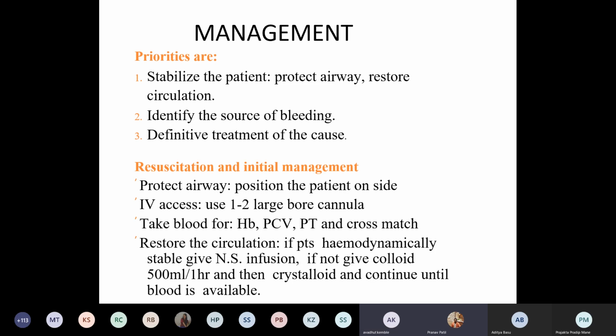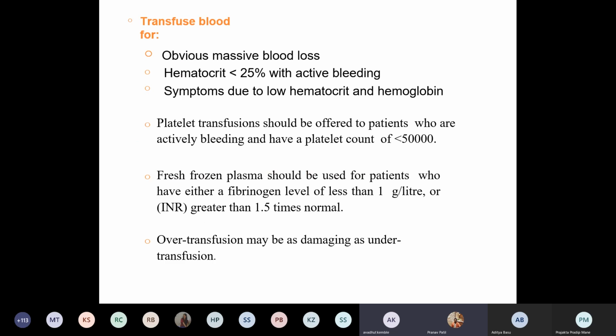Make the patient hemodynamically stable till the blood is available, because by the time you send the blood for cross-match, you have to wait, and in the meantime you have to keep the patient hemodynamically stable. Maintaining a proper airway and IV circulation is going to be important.